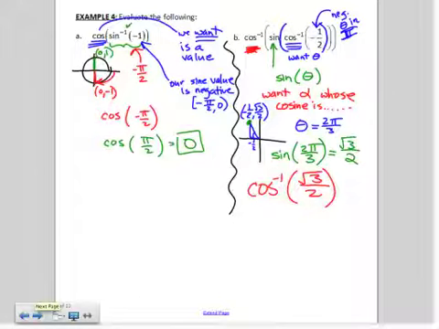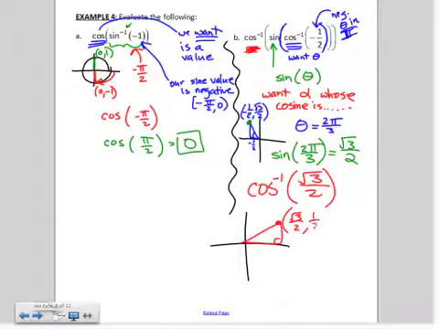Now, we can't use what we've been using so far because that one is not in our, wait. We need it to be in quadrant 1. And we need the x, that's our cosine, and that's square root of 3 over 2. That puts the long side of our reference triangle on the x-axis, doesn't it? That makes our x-coordinate square root of 3 over 2, which corresponds to the y-coordinate 1/2. What angle is that? That is pi over 6.